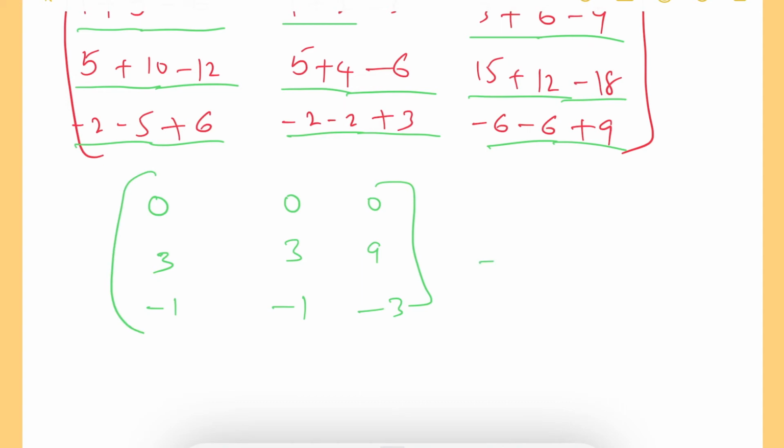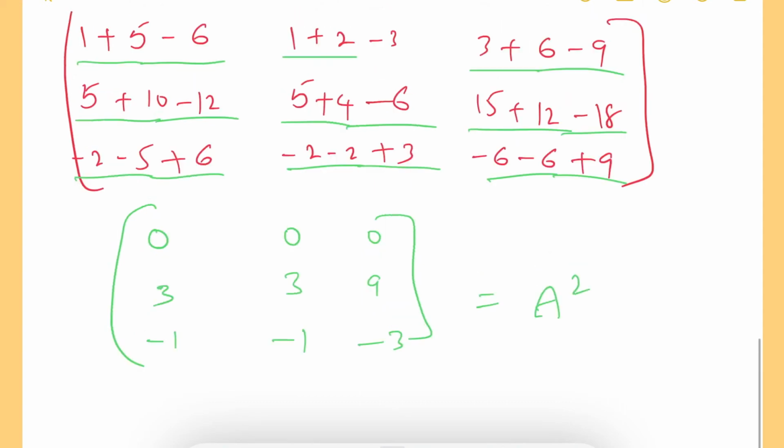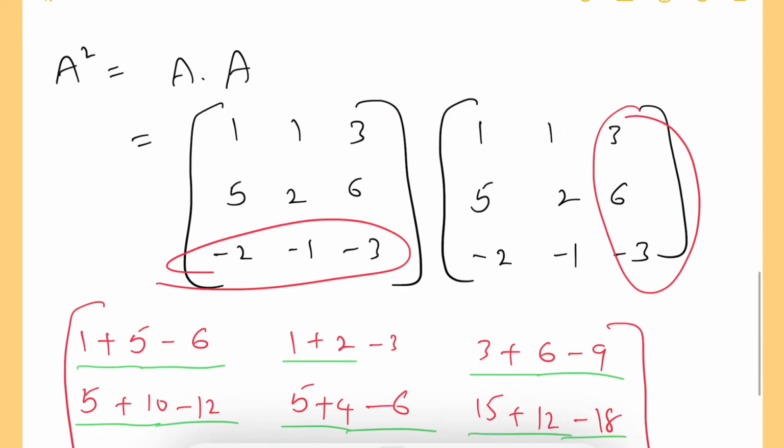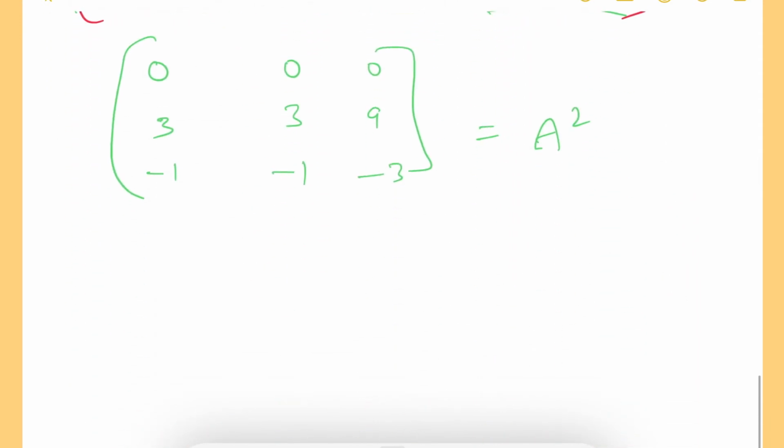Now this is the value of A square, but we want the value of A power 3. So A power 3 is nothing but A square into A. So this A square, again we need to multiply with A. So let us do that.